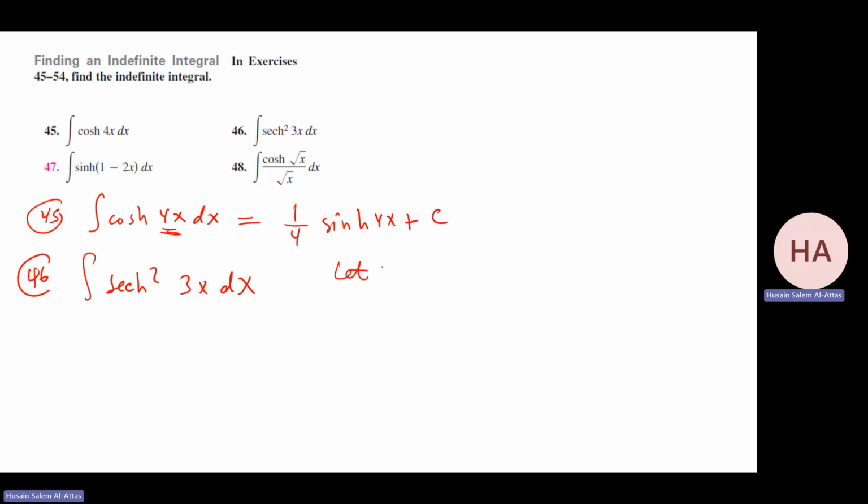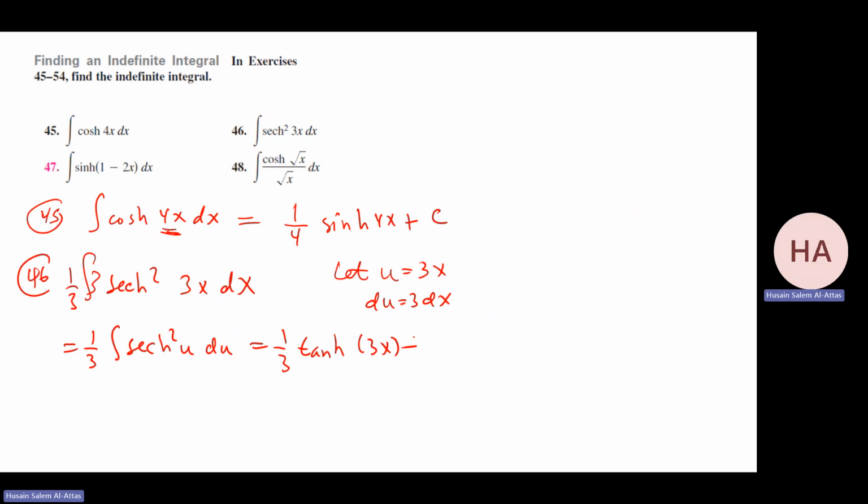I can let u equal 3x, so du will be 3 dx. So I need 3 and 1 over 3 outside. That gives me 1 over 3 secant hyperbolic squared u du. That will be 1 over 3 tan hyperbolic u, which is 3x, plus c, or you can do it in one step, like this.